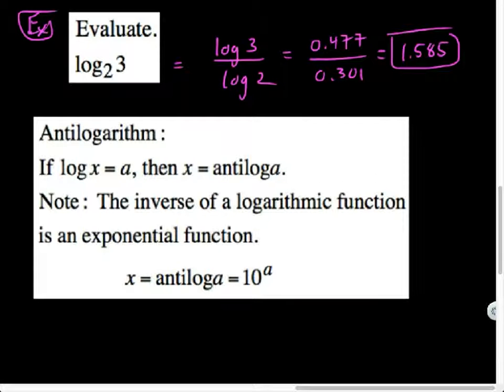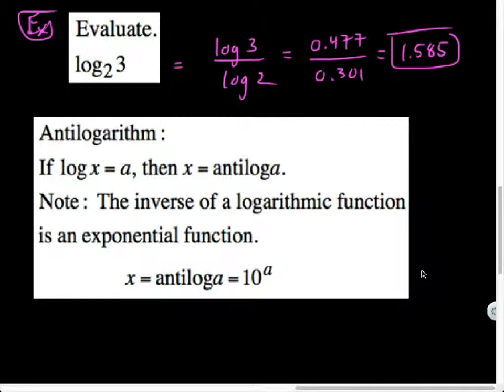So, anti-logarithm. If log x equals a, then x equals the anti-log of a. Now, that doesn't necessarily seem very helpful. I think this little explanation I put down here makes more sense, because the anti-log is just like sine inverse, which was the inverse of sine. Cos inverse was the inverse of cos, right?